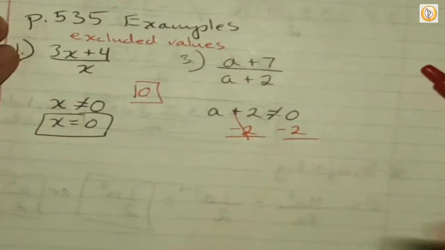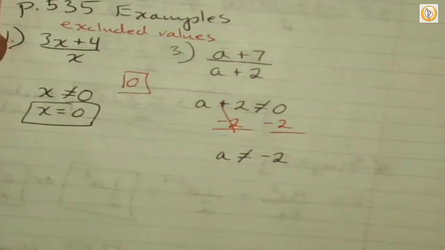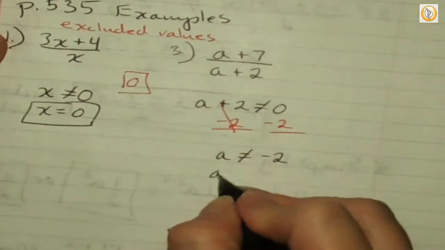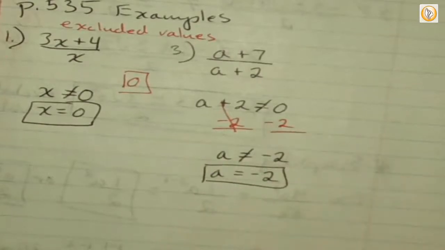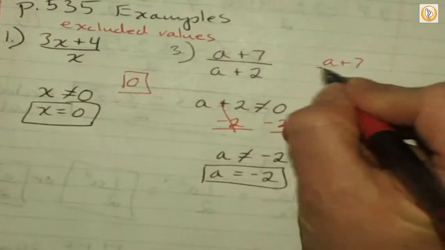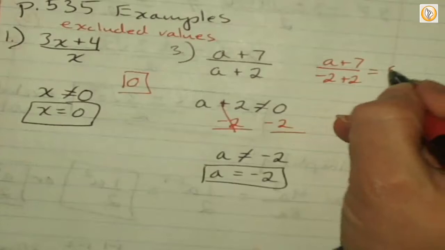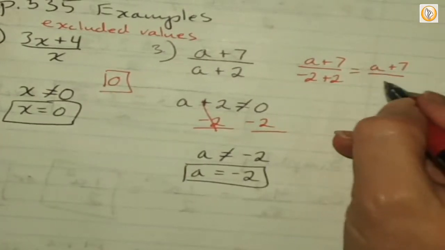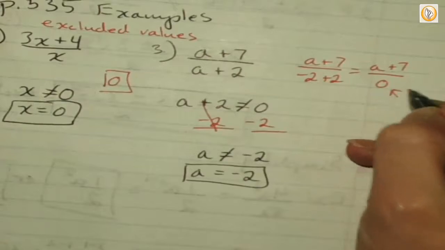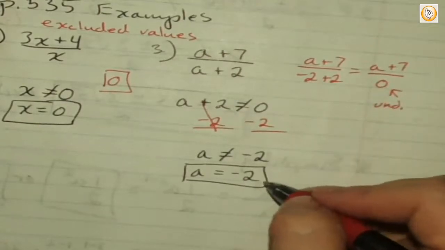And in this case, a does not equal -2, which means the excluded value is when a equals -2, it is undefined. We can go back in again and check. a plus 7 over -2 plus 2, and I'm not doing the numerator because it doesn't matter, we're only looking at the denominator. Oh look, there's a 0. It's undefined. So the excluded value is -2.